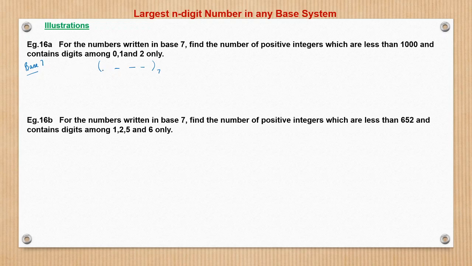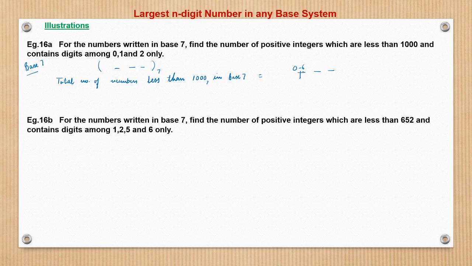So here, first we will find the total number of numbers less than 1000 in base 7. In base 7, each place can take 0 to 6.